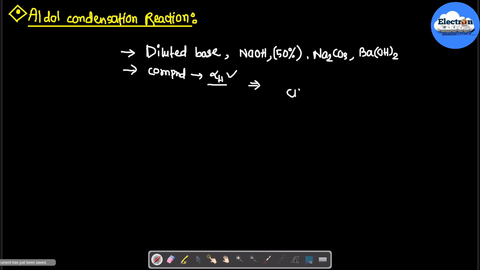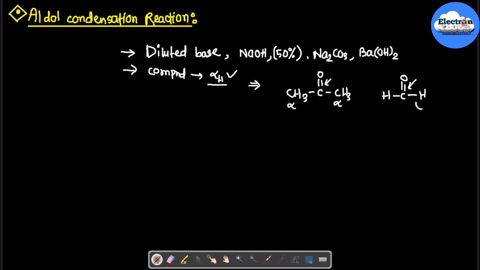Let me give an example like CH3-C(=O)-CH3, and another example is H-C(=O)-H. Here the functional group is C=O, and here also C=O is the functional group. The adjacent carbon atom is the alpha carbon, and here it is also the alpha carbon atom.